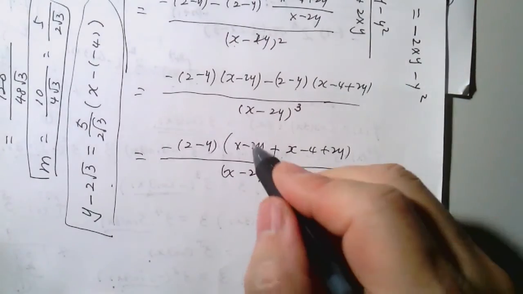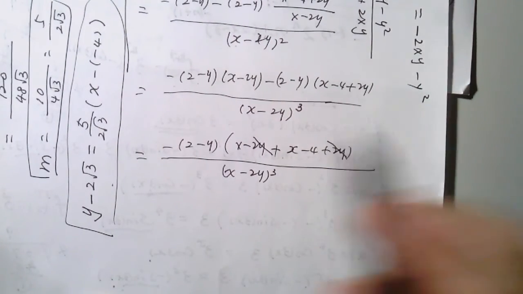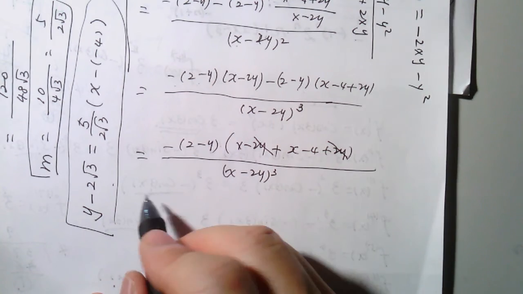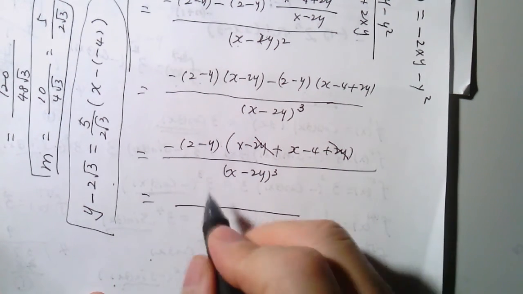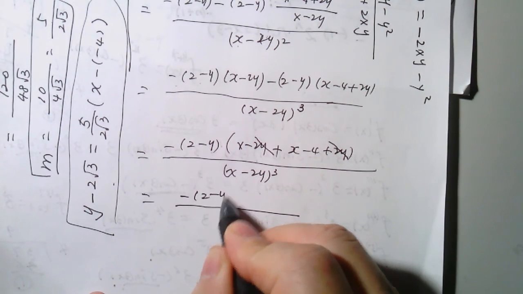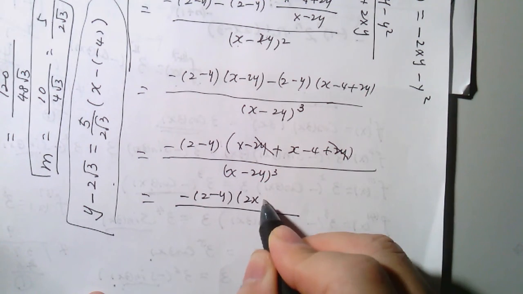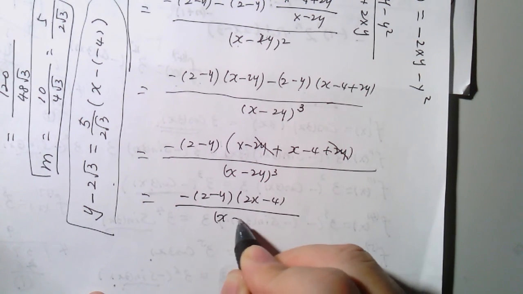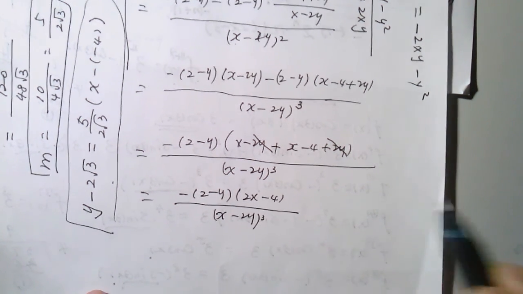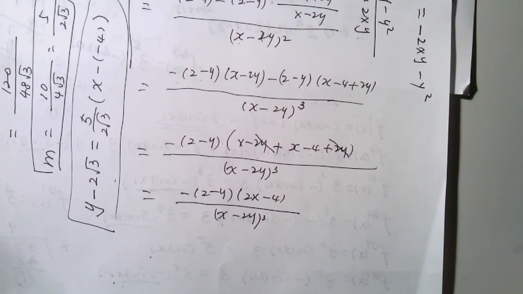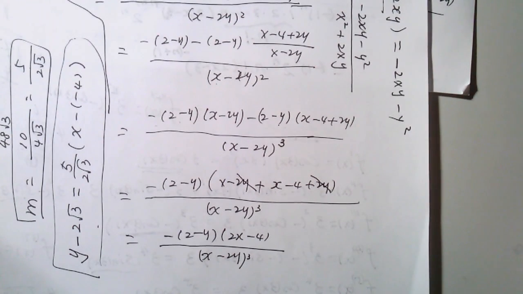Go ahead and cancel this, so you have 2x minus 4. So you get negative (2 minus y)(2x minus 4) over (x minus 2y) cubed. So that is your second derivative. I know this is kind of long, but that's how we do it.